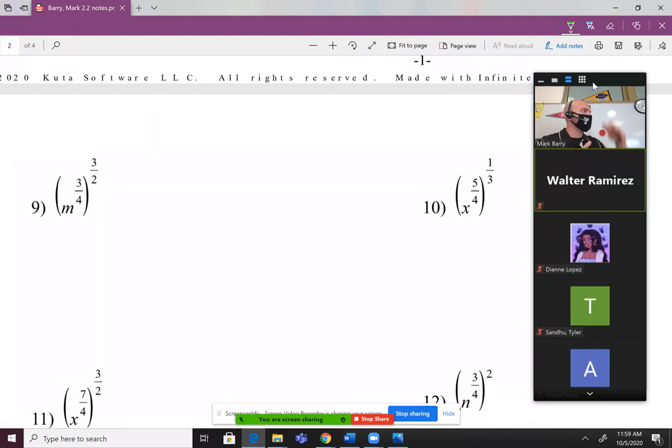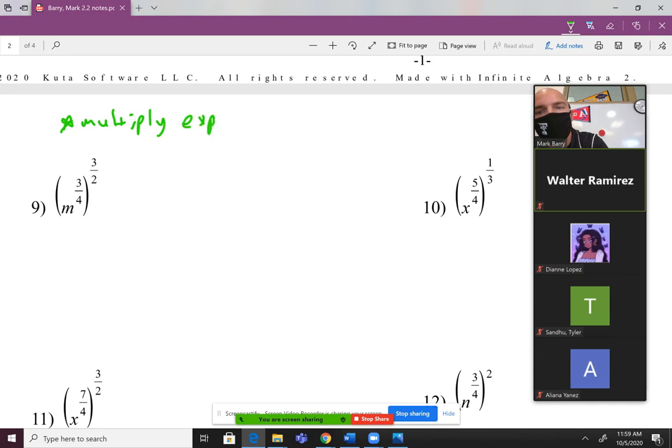Now when it's one base with 2 exponents, this is where we multiply the exponents, okay? So this one is multiply.